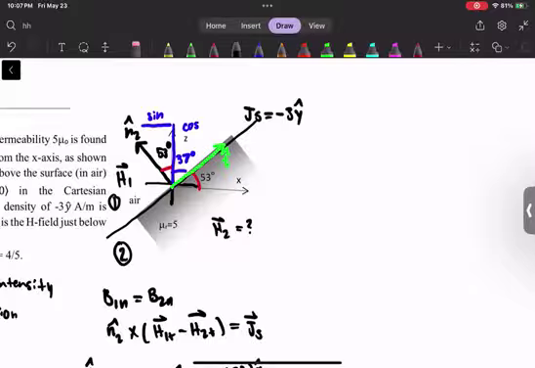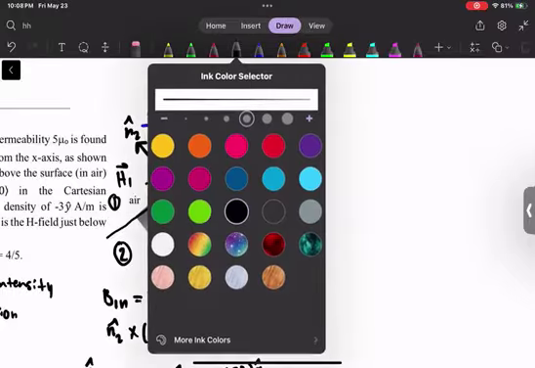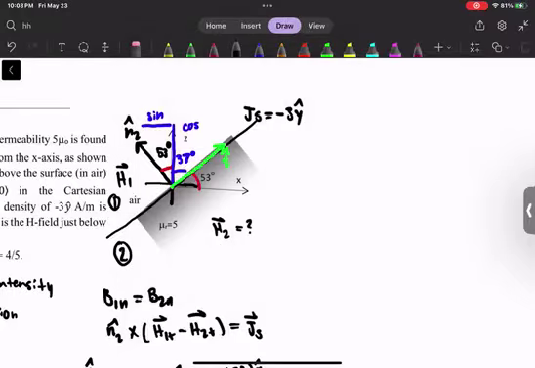So where is negative y? We know that our axes are x and z. If we do the cross product of z and x, we know that y is going to be going into the page.